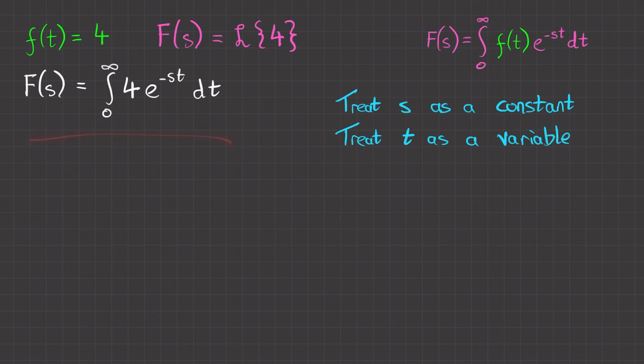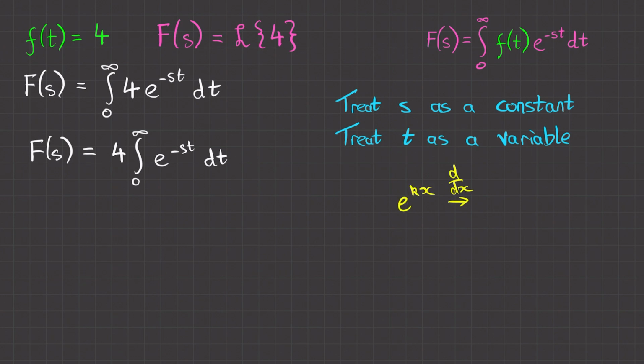Looking back at our calculations, I'm going to take out that constant of 4, so we'll have f of s equals 4 lots of the integral between 0 and infinity of e to the minus st with respect to t. And now we can integrate e to the minus st. Just as a quick reminder, if we have e to the kx, that would differentiate to k e to the kx.